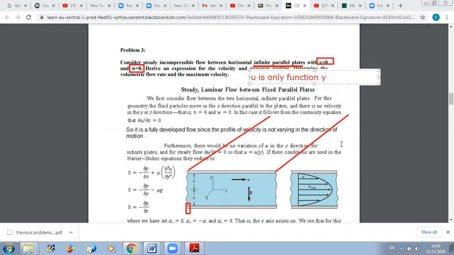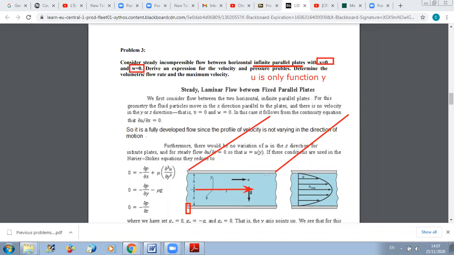What is a fully developed flow? Who knows? What does fully developed mean? When the velocity profile will not change anymore with the direction of motion. So let's say I have a flow moving in this direction. If I start from the inlet, the flow will vary at first, but after a certain distance it will become developed.